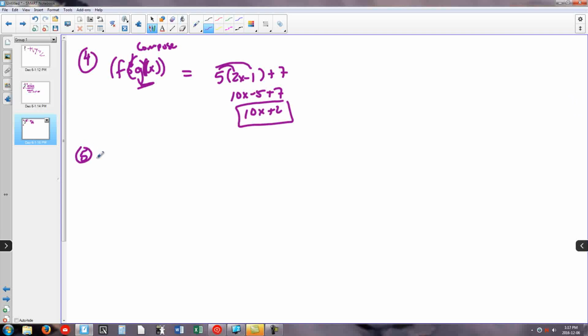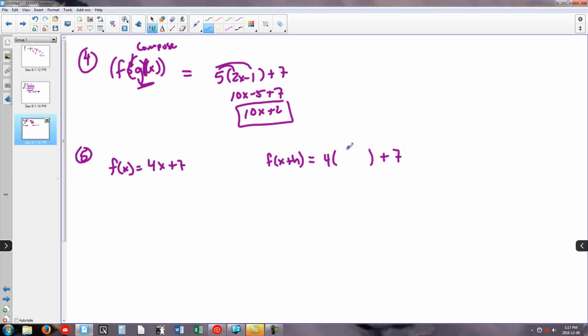Question number 5. We have f of x is 4x plus 7. And we're going to do the difference quotient. I give you the definition of the difference quotient in the question. And one of the things you have to know is what is f of x plus h. If you can do this the same way we did just a second ago on question 4, you know that this is 4 times something plus 7.